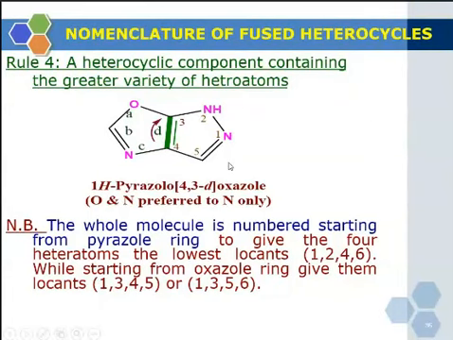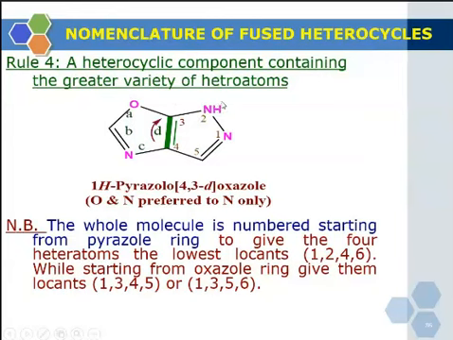Now, when we do this numbering, if we number it in various other ways, then we will get different locations. If we start the numbering from this position, then we will get numbers like 1, 2, 3, 4, 5, 6, that is 1, 2, 4, 6 positions for the 4 heteroatoms.